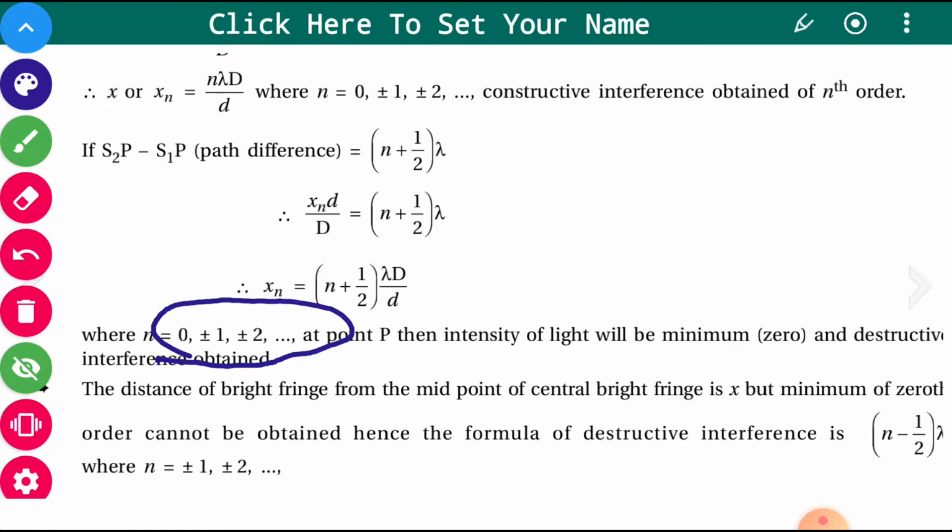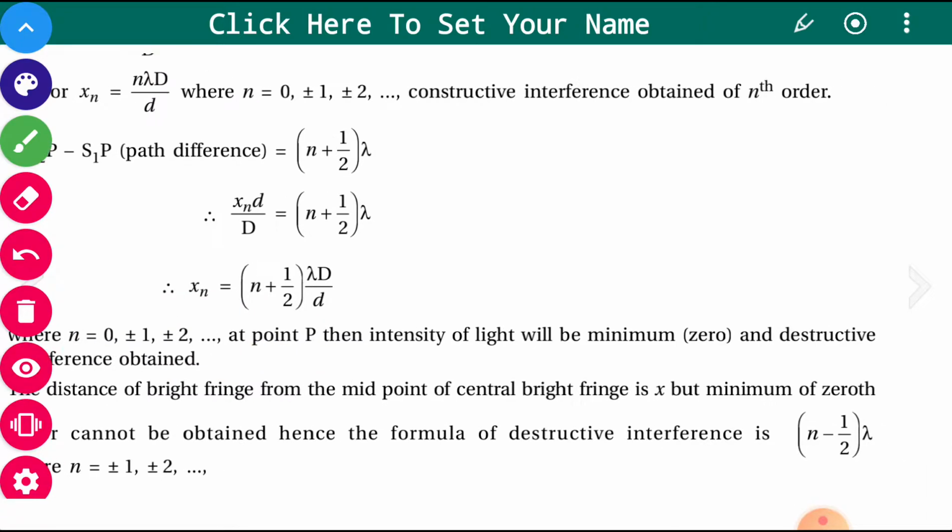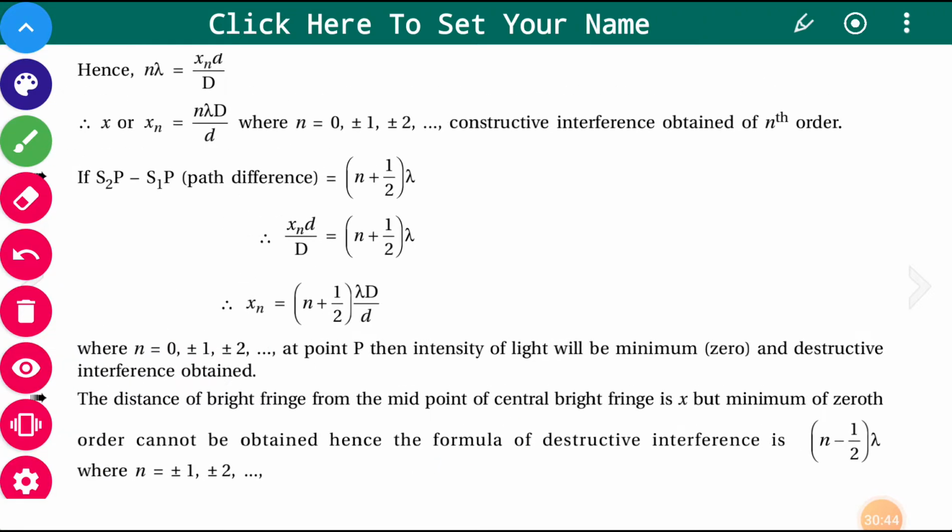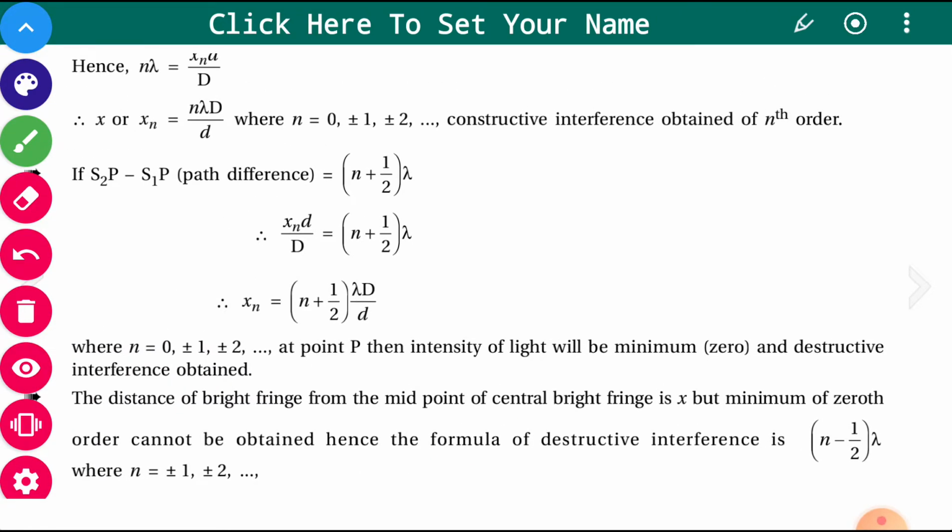So for destructive interference, the path difference obtained by us is n plus 1 by 2 lambda. We can say if you want a constructive interference, then there must be a path difference equal to n lambda, and for destructive interference, the path difference must be equal to n plus 1 by 2 lambda.